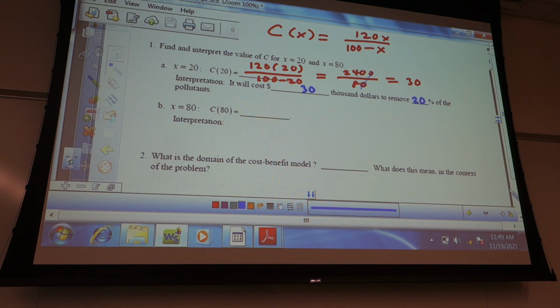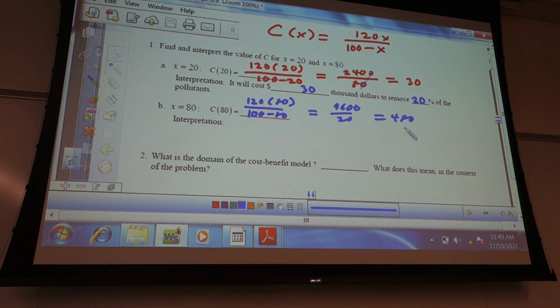So here you folks found that 120 times 80 over 100 minus 80 is 9,600 over 20, so you all got 480. So what does that mean? What is 480? Is it my C or my X?